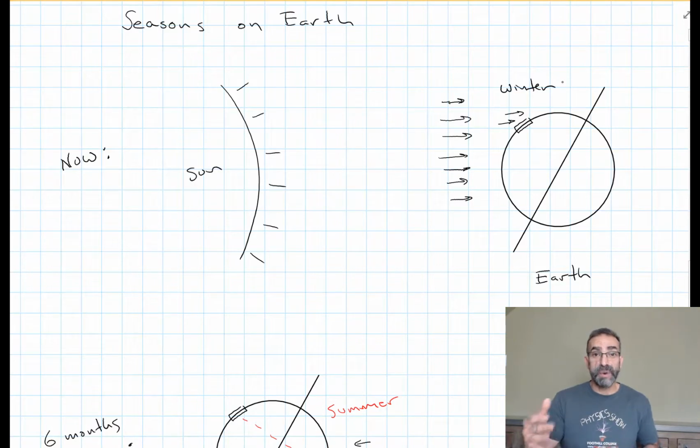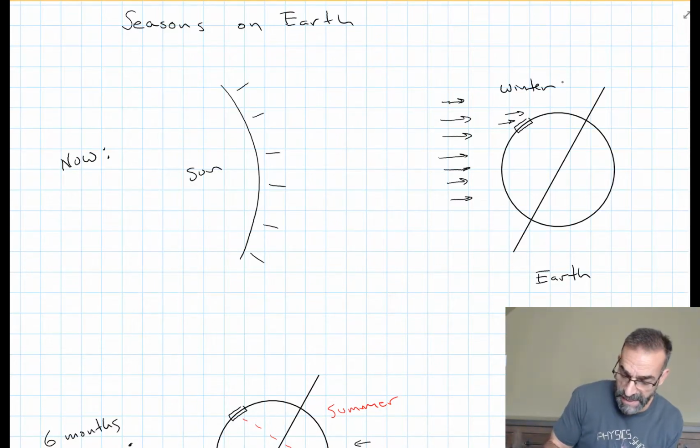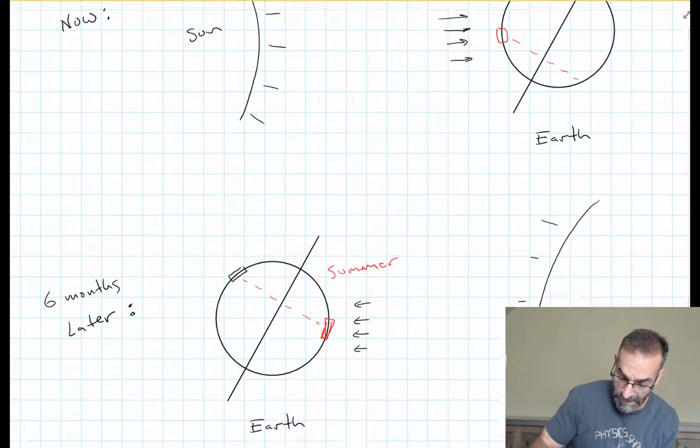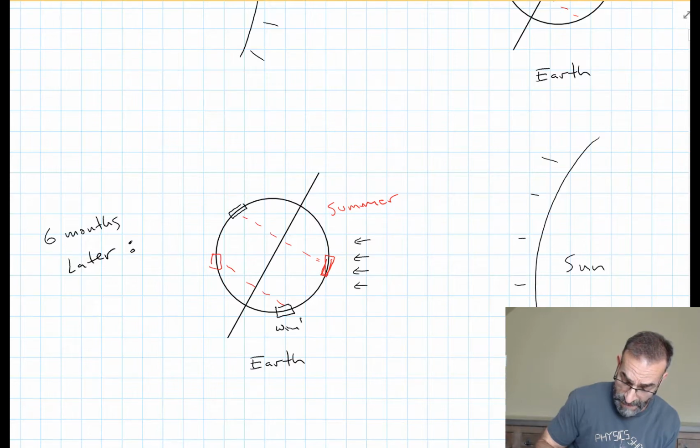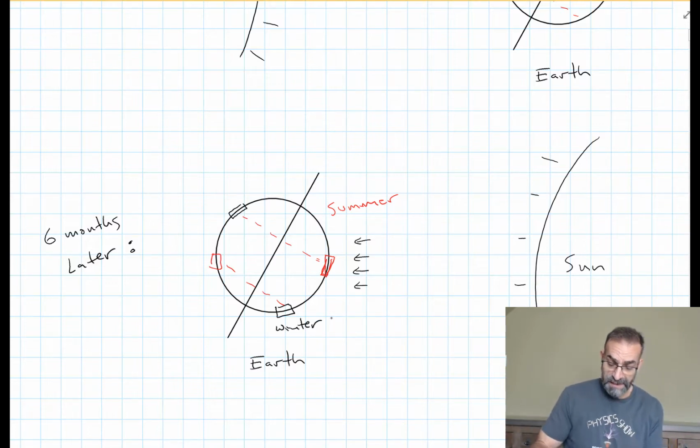This is for a spot in the northern hemisphere. You can see that if we were in the southern hemisphere, it would be just the opposite. A point over here that's getting a lot of light 6 months later would be over here and not getting much light.